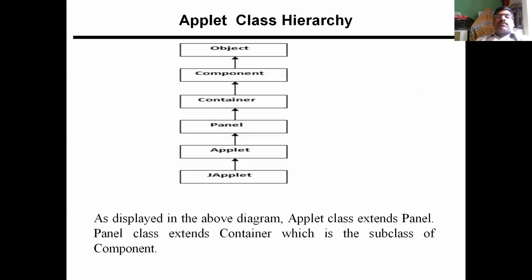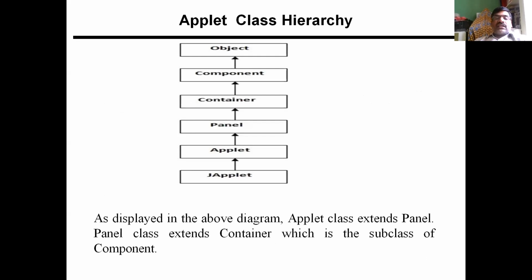Now coming to the applet class hierarchy. As displayed in the diagram, the Applet class extends the Panel class, which in turn extends Container, which is a subclass of Component, and Component is a subclass of Object.